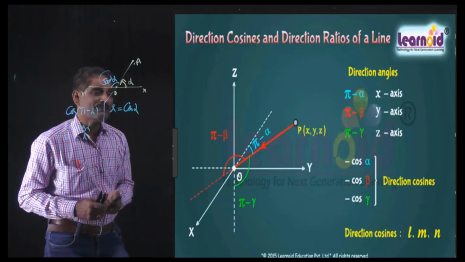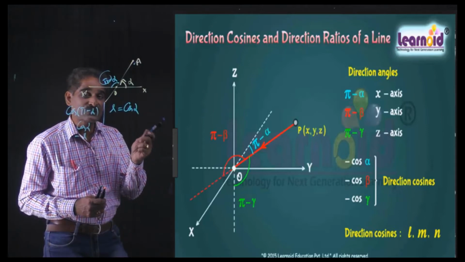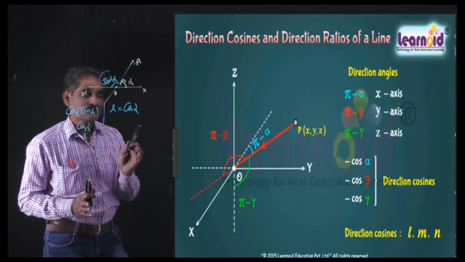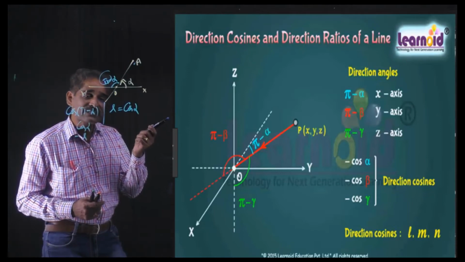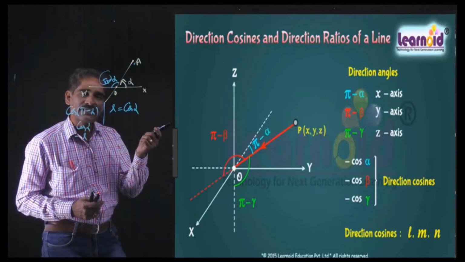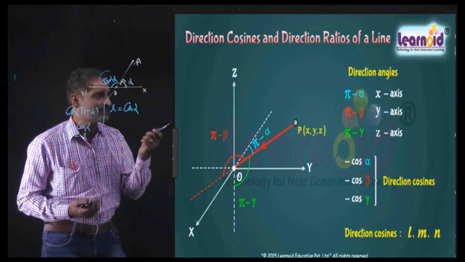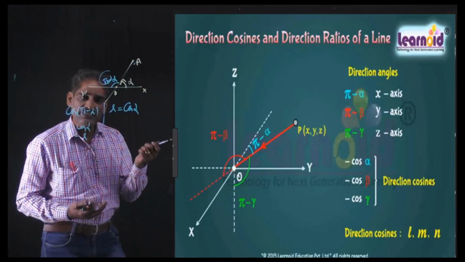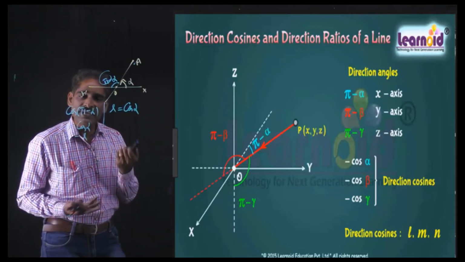Now see this figure. Here pi minus alpha, pi minus beta, pi minus gamma are the angles made by the ray with x, y, z axis. So in case of that, what are the DCs? Cos of the angle made with x-axis pi minus alpha, with y-axis pi minus beta, z-axis pi minus gamma. Just apply cos for that: minus cos alpha, minus cos beta, minus cos gamma. Those are also DCs of the same line.